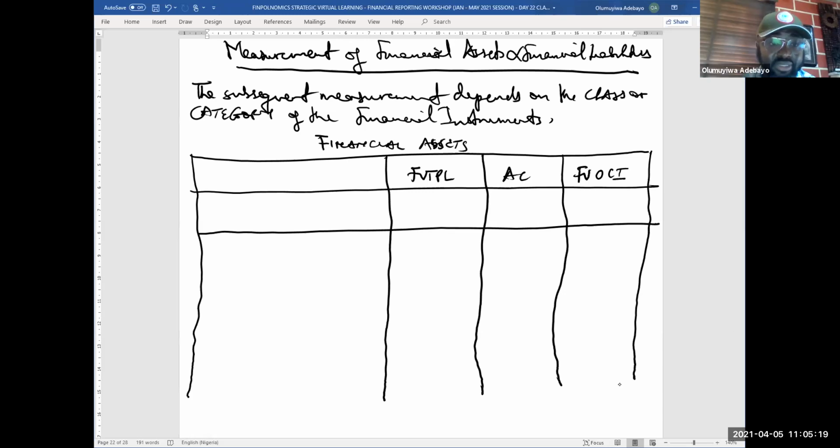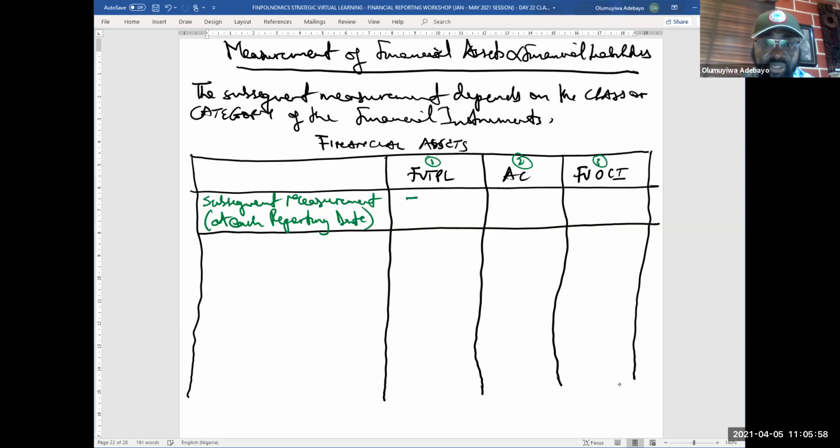Now, the first one is this. Subsequent measurement, usually at each reporting date. How should those in this category be measured? Remember, there are two measurement bases, fair value and amortized cost.